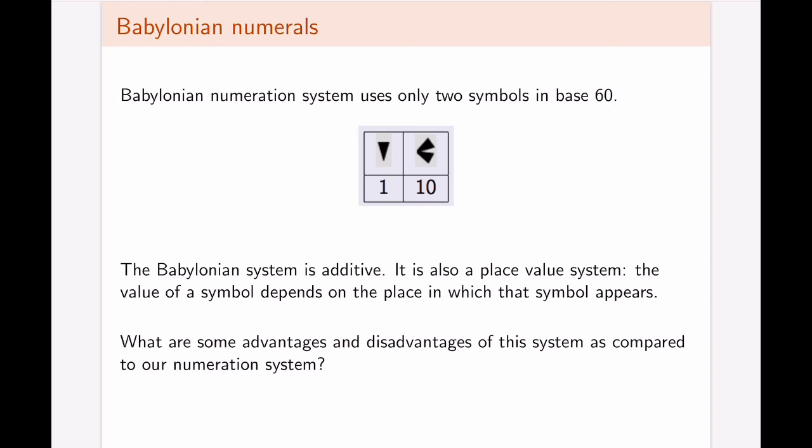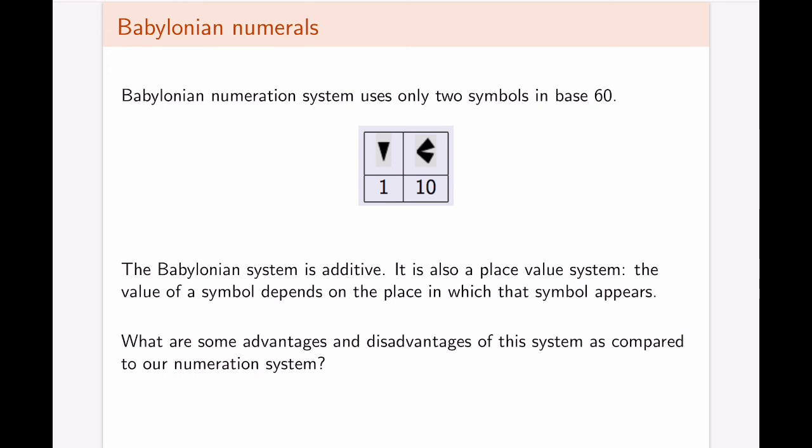What is good about this system and how does that affect its arithmetic? Here I give you just a quick outline of the Egyptian and Babylonian numerals, but please go view the student presentations on these two numeration systems and their arithmetic to really understand how the numbers and the system itself actually plays out in practice.